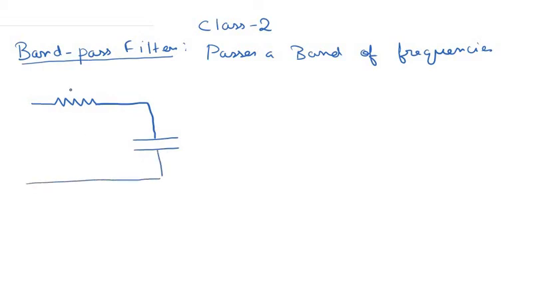So this is a low pass filter, and this is V in here at the input. Now the low pass filter has a transfer characteristics like this.